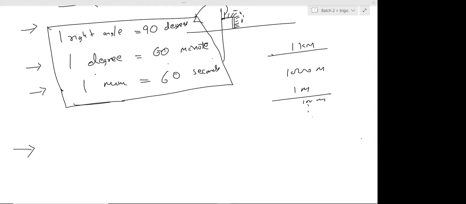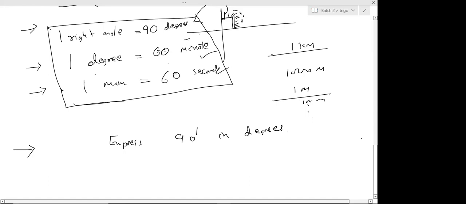Let's start with the question. Express 90 minutes in degrees. You have to convert this into degrees. Simple unitary method. Use these conversion formulas and express this in degrees.